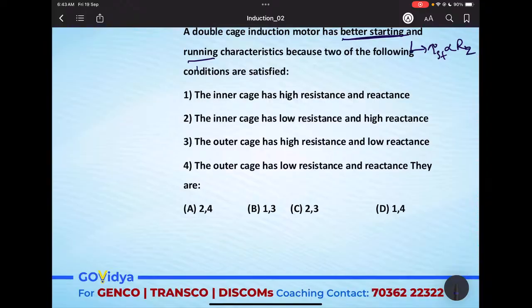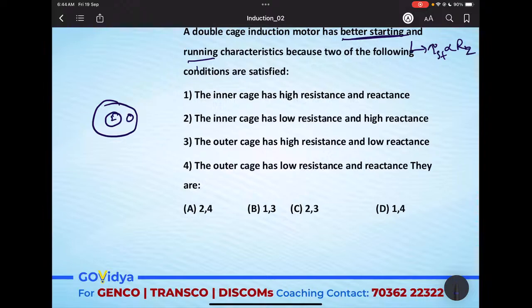The double cage induction motor is nothing but an induction motor only, but its rotor circuit has two cages, inner cage and outer cage. The rotor circuit will be like this. This will be inner cage, this will be outer cage.